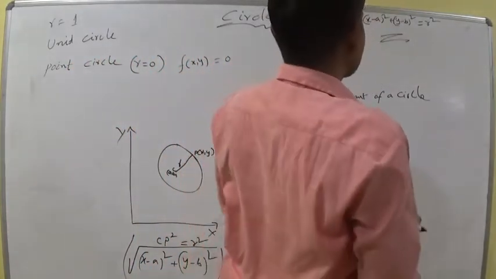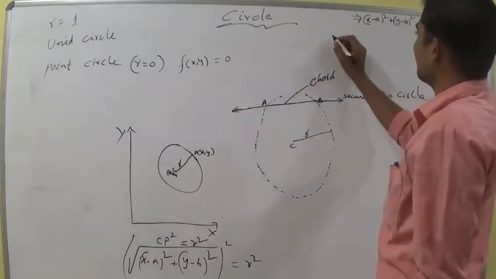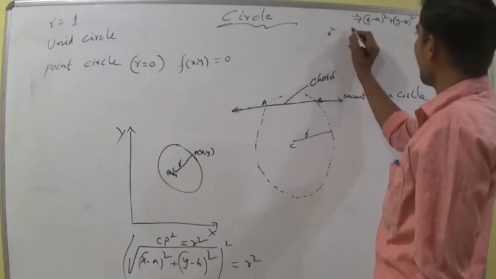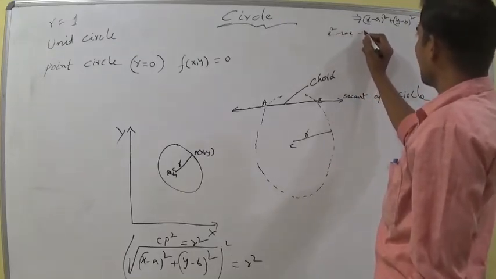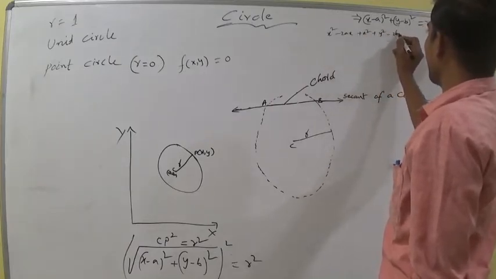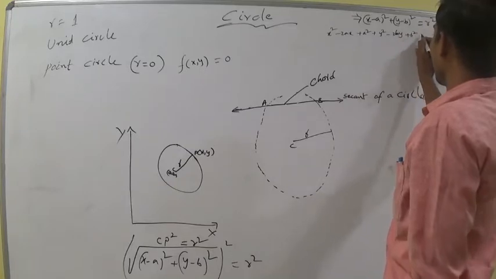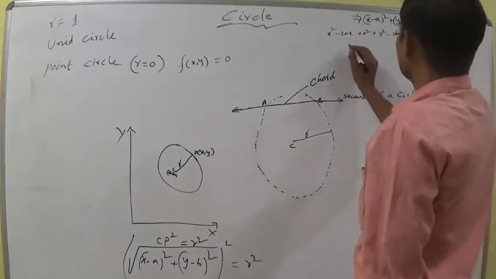Let us rewrite this equation. x square minus 2ax plus a square plus y square minus 2by plus b square minus R square equal to 0.